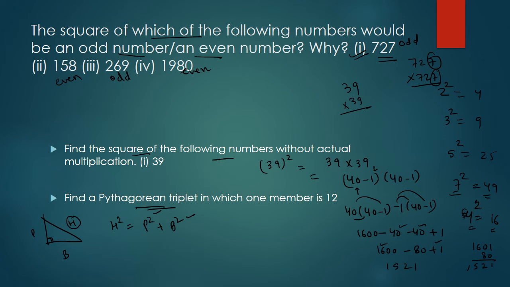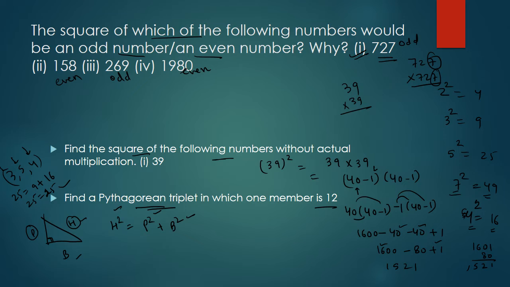All those numbers like sides, their triplet, for example 3, 5, 4. 5 5s are 25 equals 3 3s are 9 plus 4 4s are 16. So this is forming a Pythagorean triplet. If three numbers follow Pythagoras theorem, they form a Pythagorean triplet.